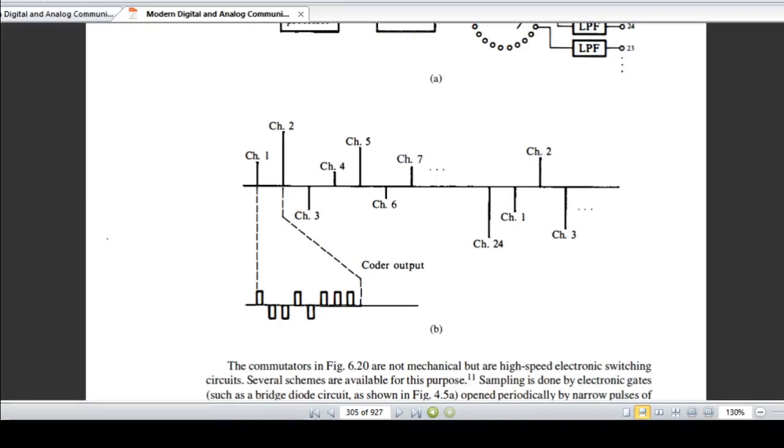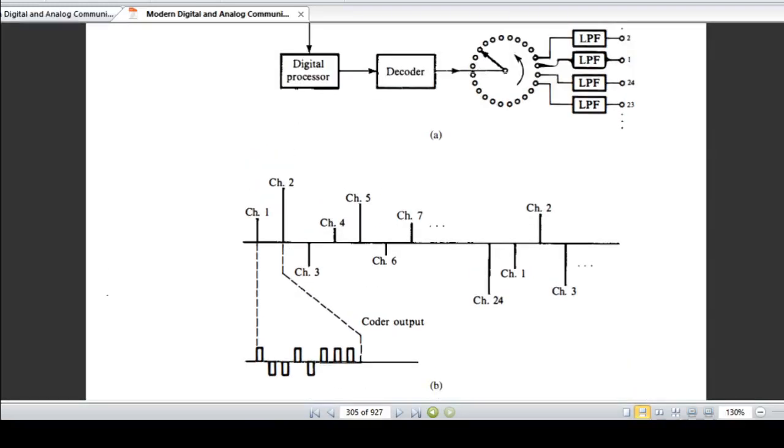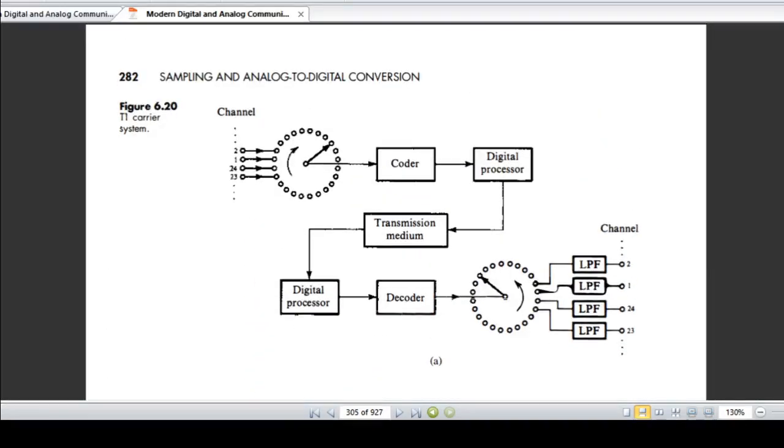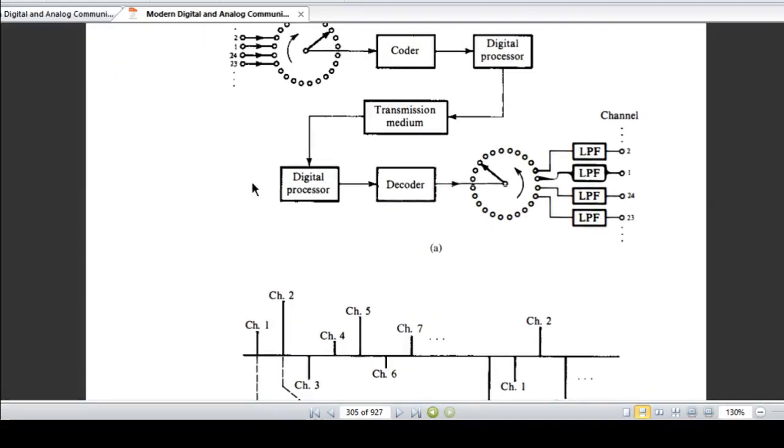First of all is bits per frame. What will be the bits per frame, and what is this frame? The commutator sweeps continuously from channel 1 through all the channels, 24 such channels are there. So this commutator switch is swept from 1 to 24 and set back again, at the rate of 8000 samples per second. 8000 revolutions per second.